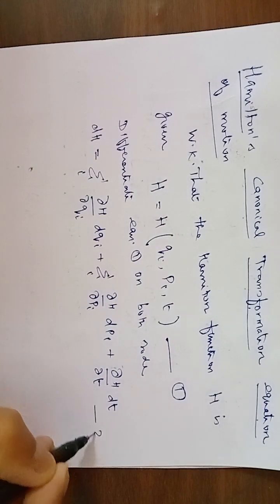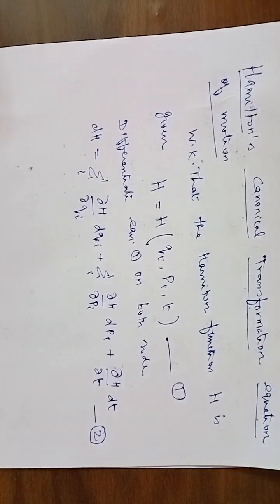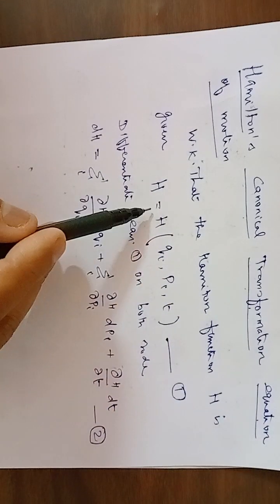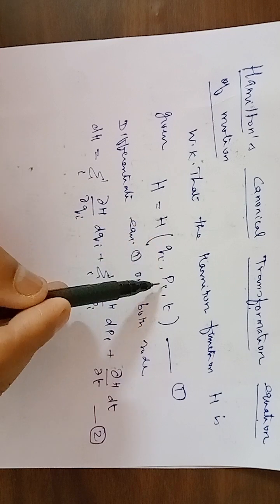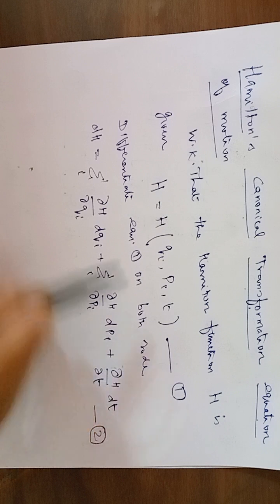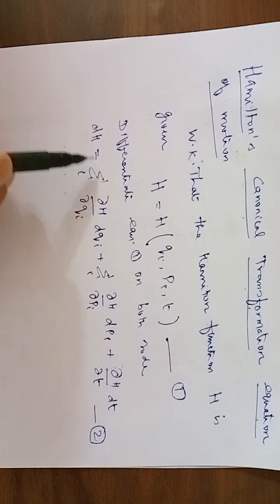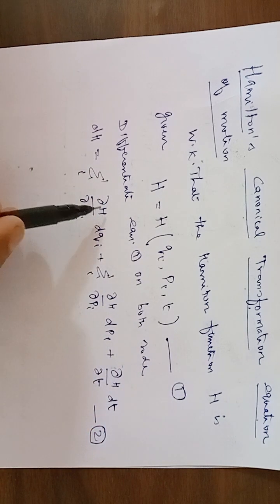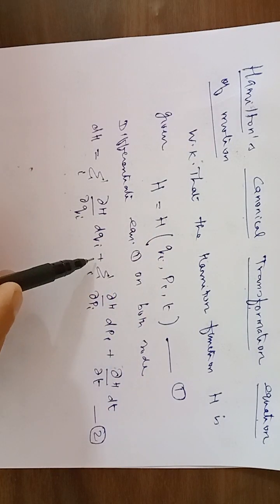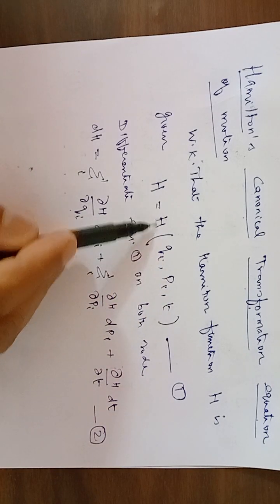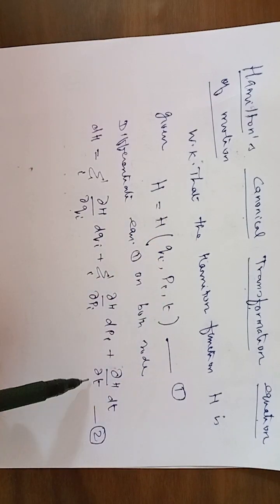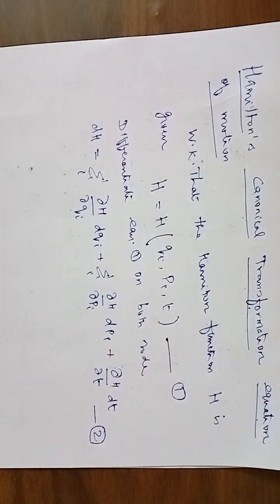This is equation number 2. So we take the Hamiltonian function H is equal to H of qi, pi and t, then differentiate equation 1 on both sides.